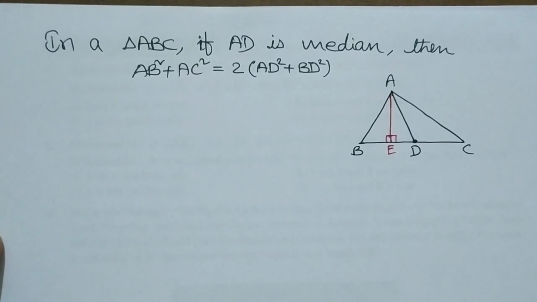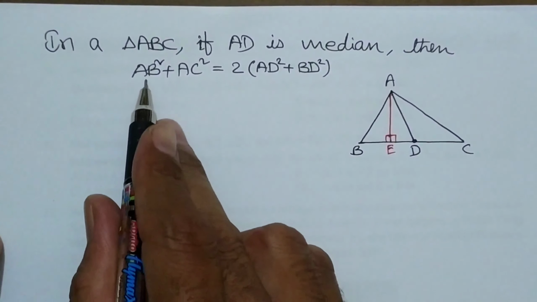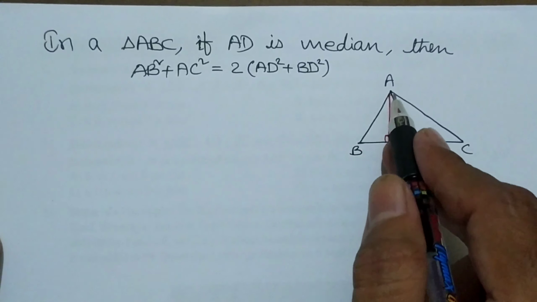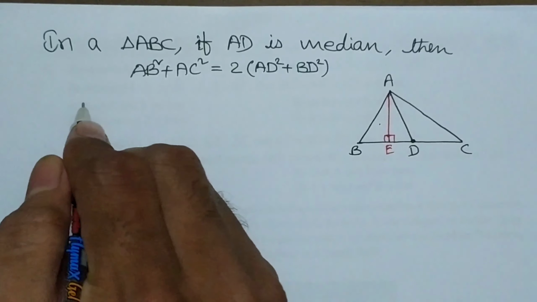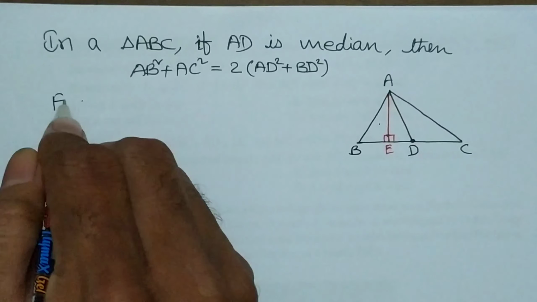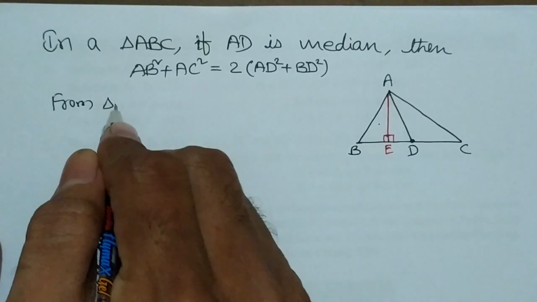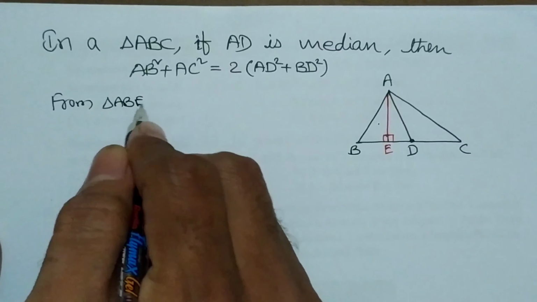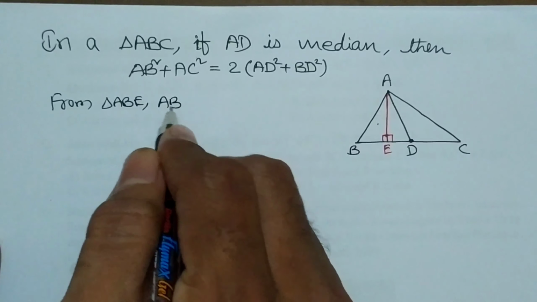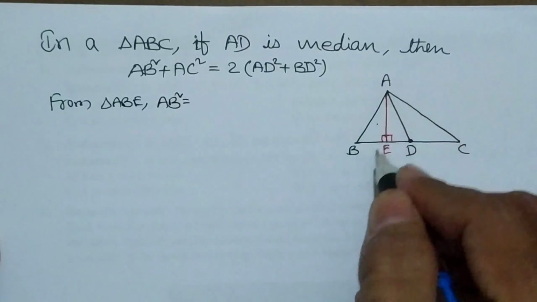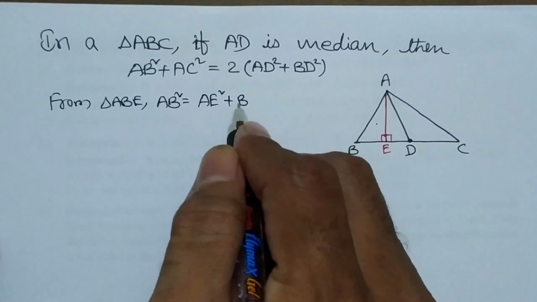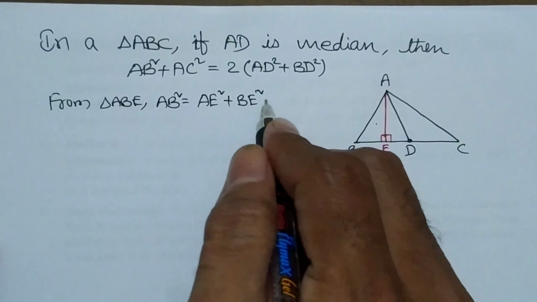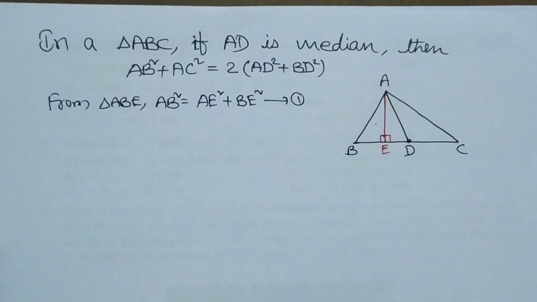Right. Now as we need AB square, from the triangle ABE, let us apply Pythagoras theorem. So from triangle ABE, hypotenuse square, that is AB square, equal to side square plus side square, means AE square plus BE square. So let us take it as equation number 1.